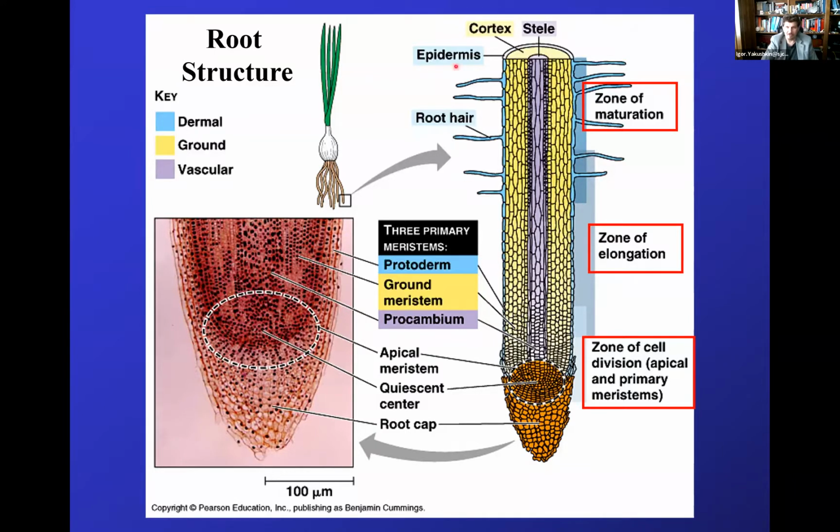Root hairs are very important for the plants because they drastically increase the surface area. Here, the surface area is just that, right? Here now the surface area is all that. So root hairs are drastically increasing the surface area. Why do they need the surface area? The higher the surface area, the more absorption occurs.